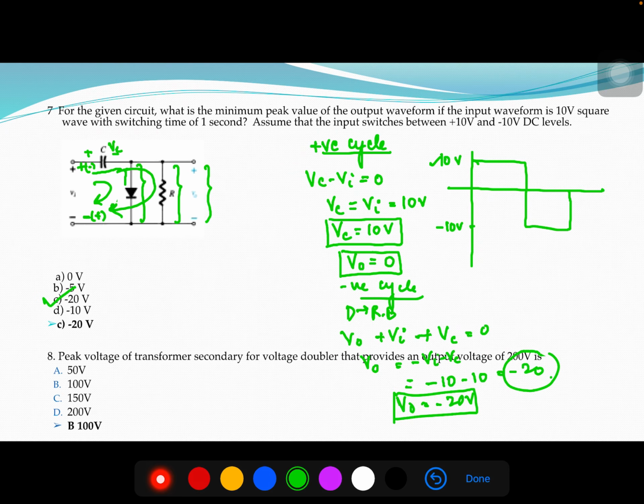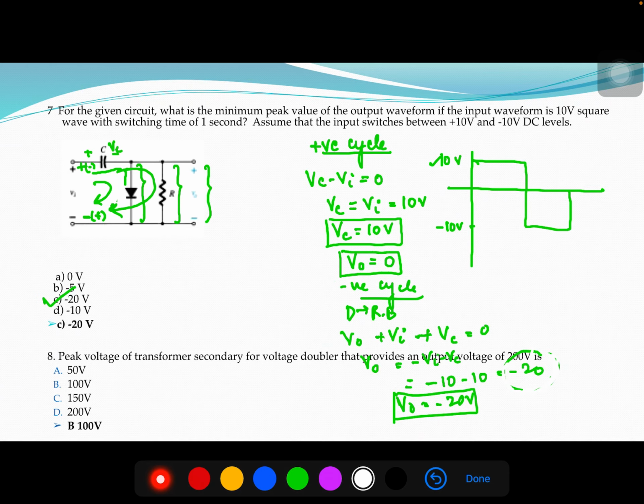The peak voltage of transformer secondary for a voltage doubler that provides an output voltage of 200 volt is. For this you have to recall the concept of voltage multipliers. If it is a voltage doubler, it will produce double the peak value.